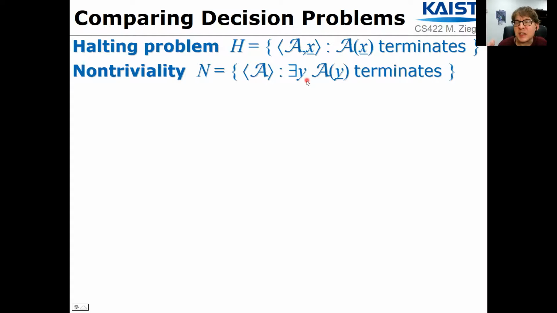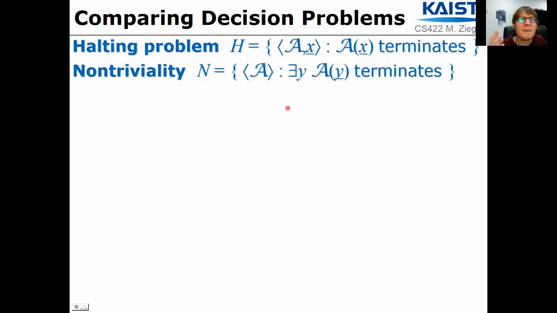Because if there does not exist such an input, then the algorithm is kind of trivial, useless. It never terminates on any input. There's nothing useful to be gained from such an algorithm. Whereas an algorithm which terminates on some inputs and does not terminate on others could at least be useful for those inputs on which it does terminate, right? So that's the non-triviality problem.